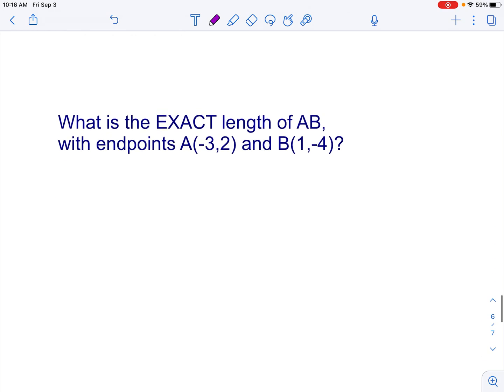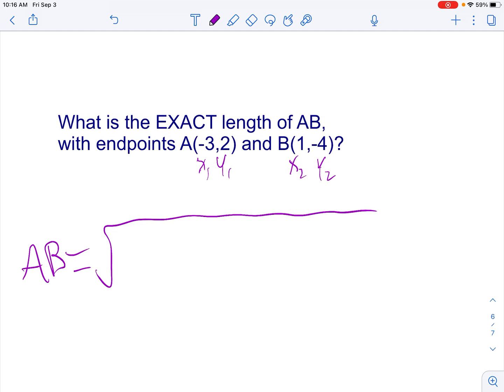What is the exact length of AB, with endpoints being A, negative 3, 2, x1, y1, and B, being 1, negative 4, x2, y2? So let's use our formula. AB equals the square root. X2 is 1.